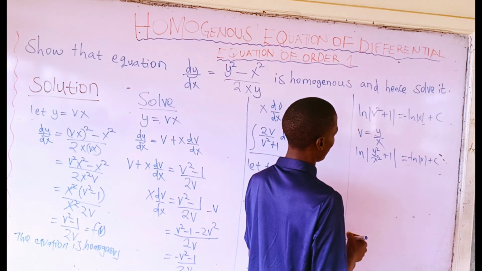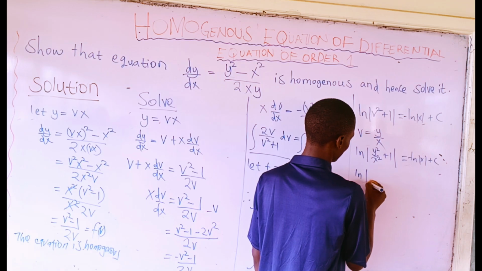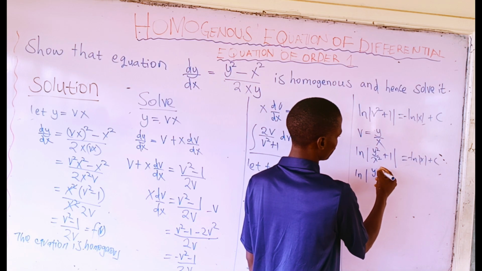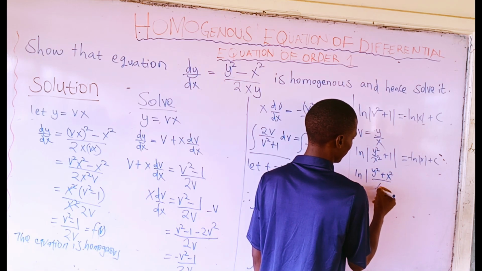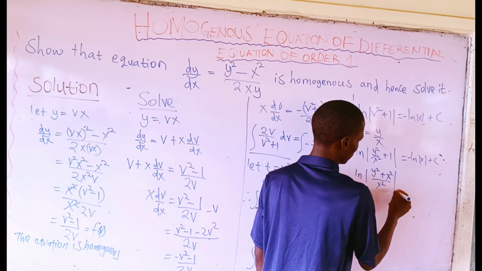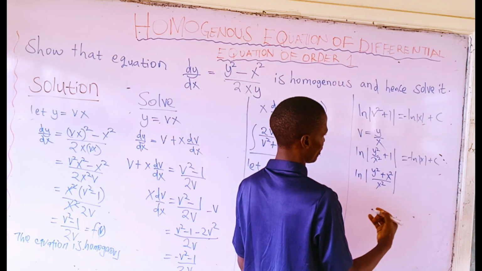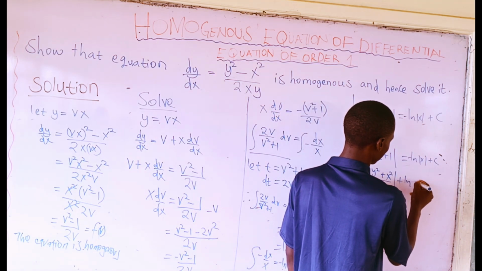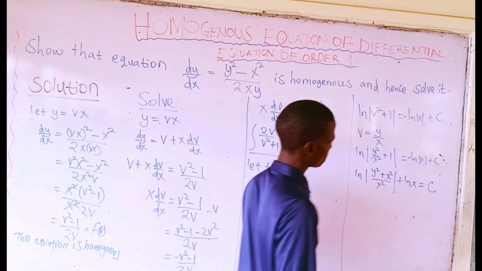After writing that, we can say, if you find the LCM, it is x squared, so it's going to be y squared plus x squared over x squared. If this ln x moves to the left hand side, it is going to give you positive ln x, which is equal to c.